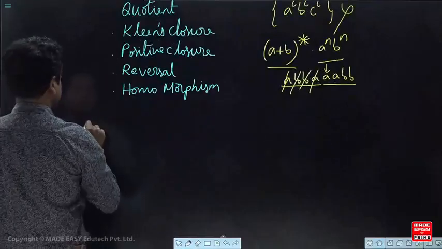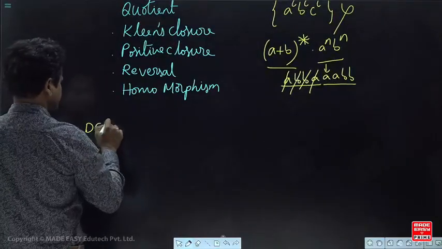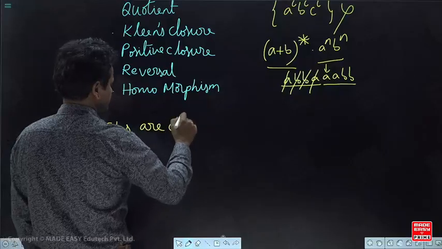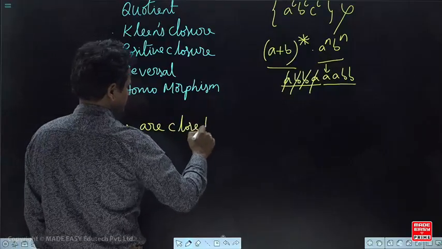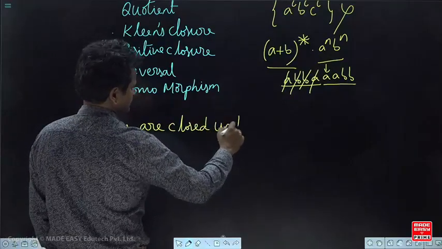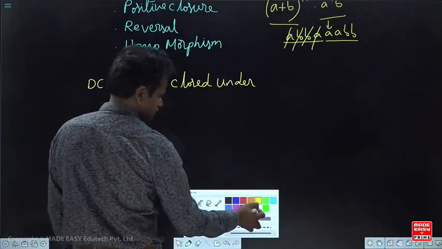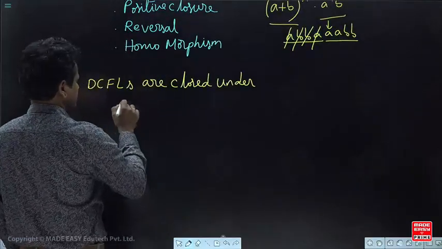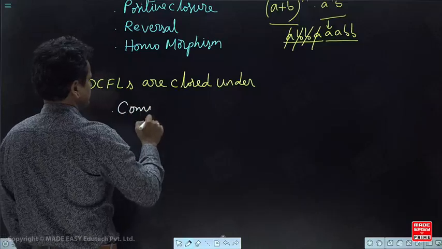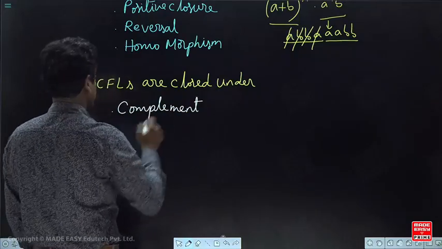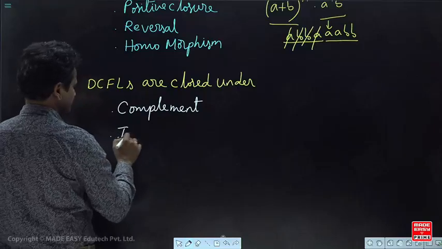DCFLs are closed under, I already told you, only two operations: one is complement and inverse homomorphism.